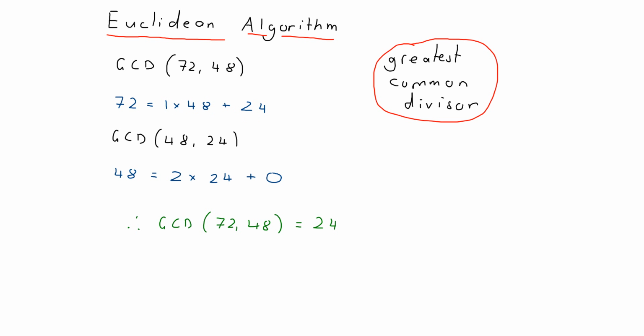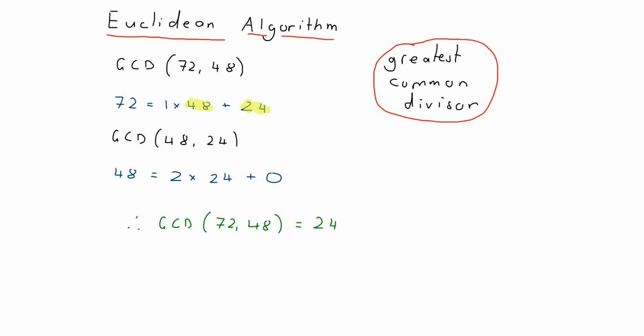Now I'm going to get the 48, which of course you can see is the divisor, and the 24, which is the remainder, and I'm going to try and find the highest common factor, or the GCD, between them. So I get 48 and 24, and 48 is 2 times 24 with no remainder. There's nothing left over, so that means 24 is also the highest common factor of 72 and 48.